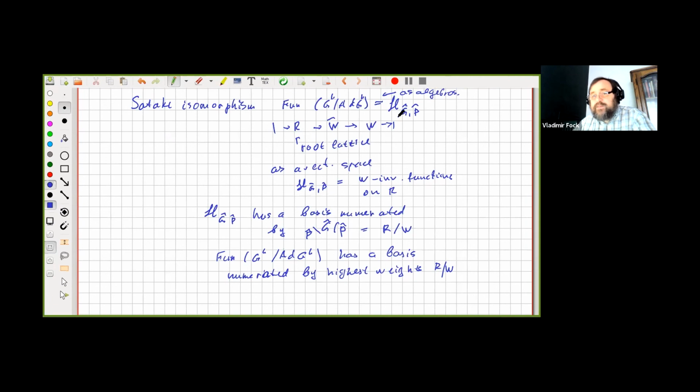But this isomorphism doesn't send basis to basis; there is a transition matrix, which is called the Kostka matrix. Kostka numbers are just numbers which express one basis in terms of the other.